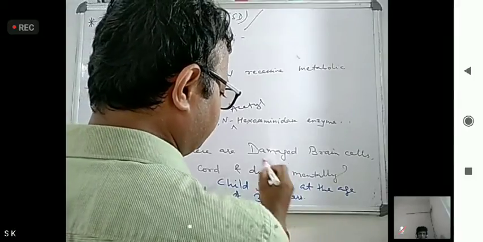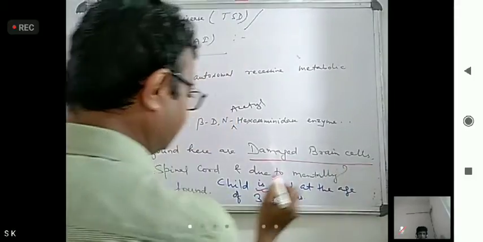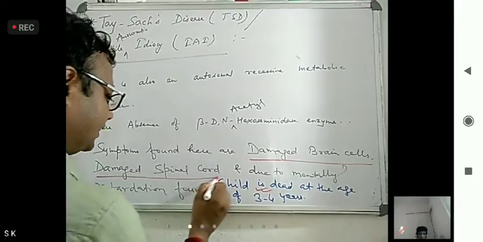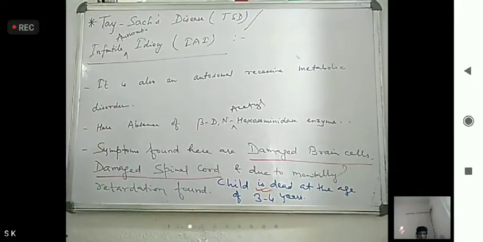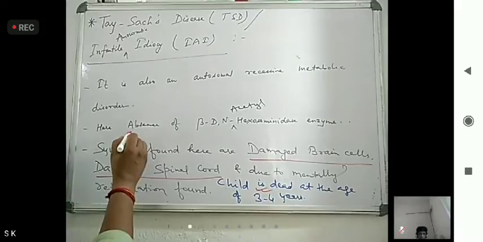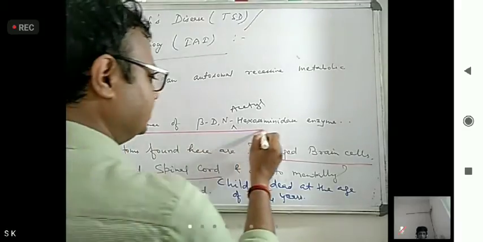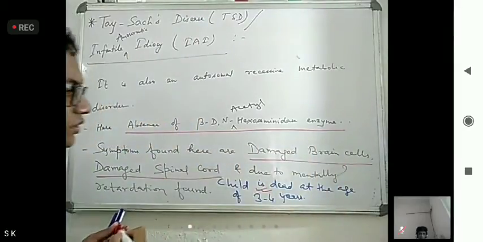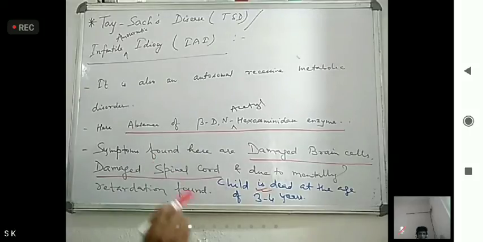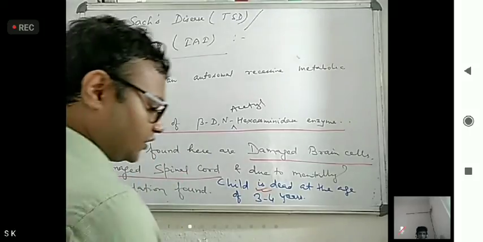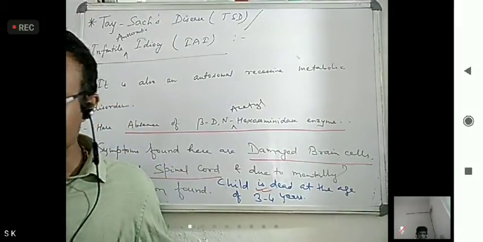So that is 3 to 4 years, and here most important, damaged brain cells and damaged spinal cord. And what happens here? Absence of beta-N-acetylhexosaminidase enzyme found. Okay, so this is Tay-Sachs disease.